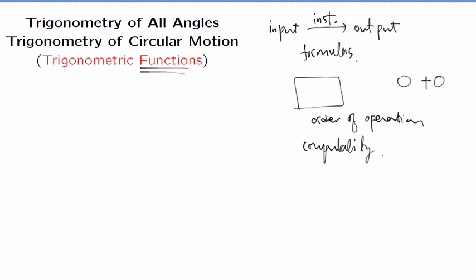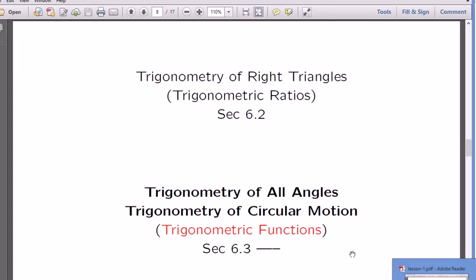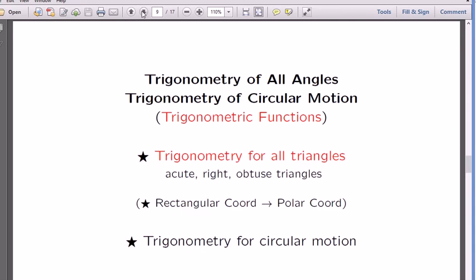And let me see what I have in the next slide. Got a little disorganized in here. So that's how we're going to understand it. And you will see what that instruction is, right, for trigonometric functions. And this is it, the trigonometry of all angles and circular motions. And here's the word again, trigonometry functions. These are the two main applications of that extended all-angle version. The first one is a triangle that is not a right triangle, but an obtuse triangle.